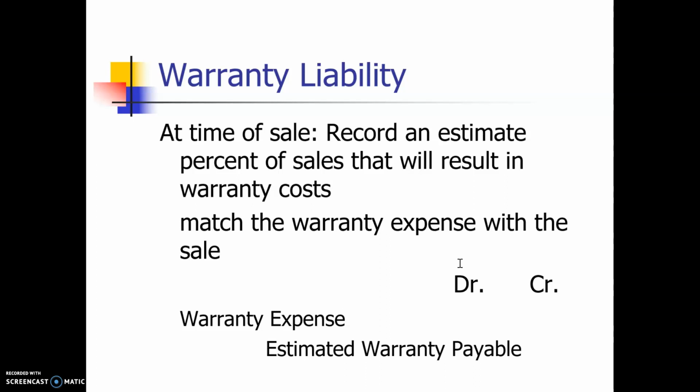So as an adjusting entry in the period of the sale, we'll debit warranty expense and credit estimated warranty payable. This way the expense is reported in the same period as the sale. We're matching the expense with the revenues that it helped to generate.